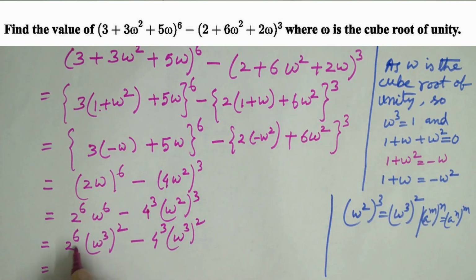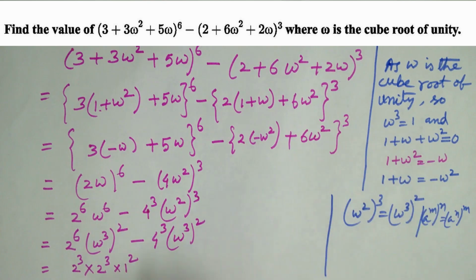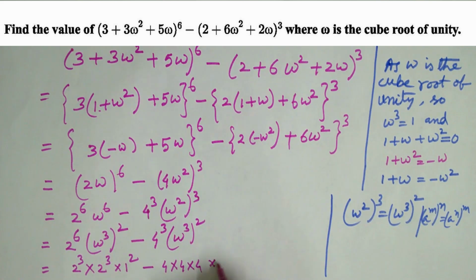So 2⁶ is equal to 2³ into 2³, into 1², since ω³ is equal to 1, minus 4³, which is 4 into 4 into 4, into 1².